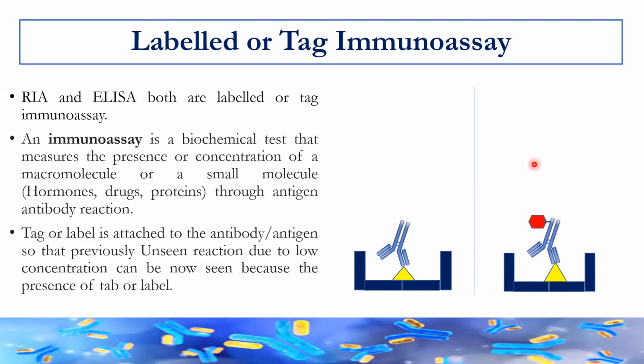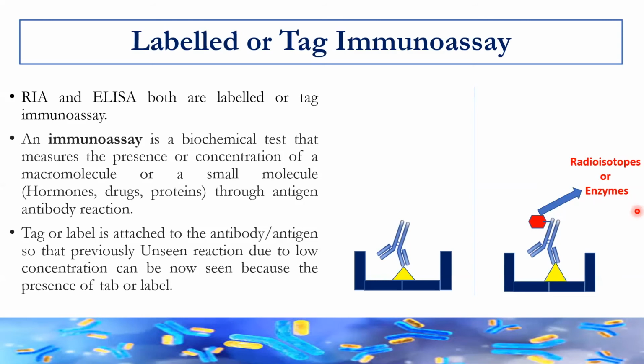When this antibody attaches itself to the antigen, because of the presence of the label or tag, you can find out the concentration of this complex, or either the antigen or the antibody. This tag can be a radioisotope or an enzyme. If this tag is a radioisotope, you call this method radioimmunoassay. If this tag is an enzyme, you call this method ELISA, enzyme linked immunosorbent assay.